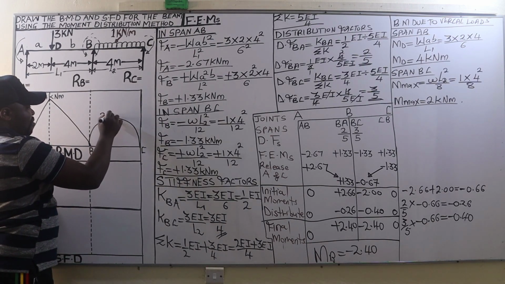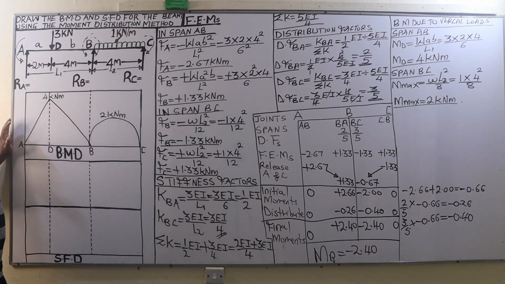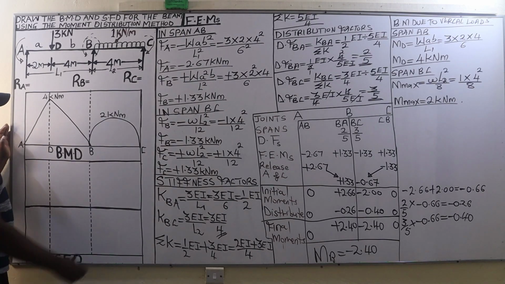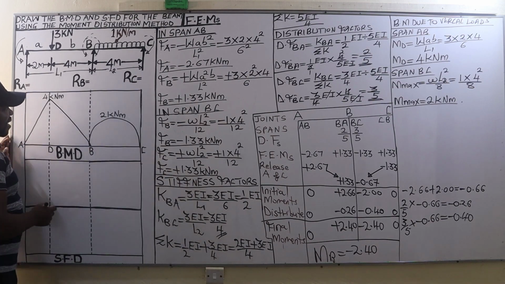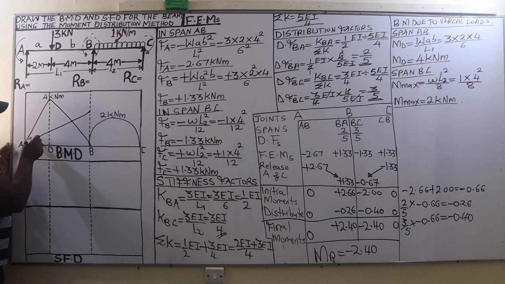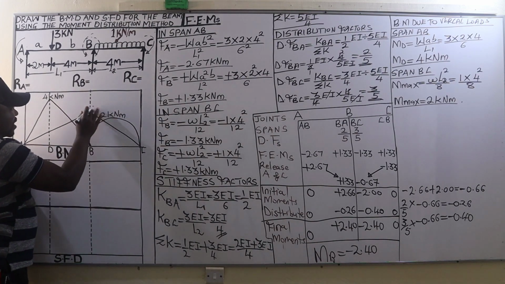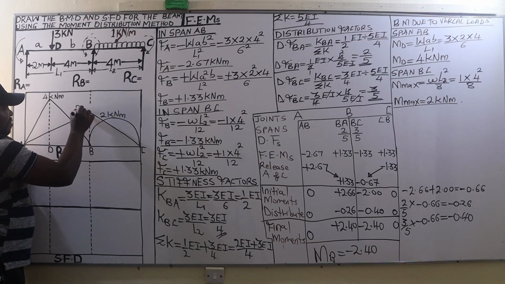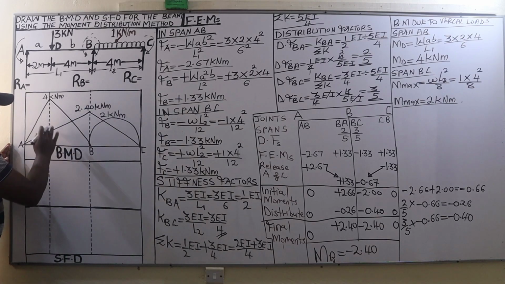So this is 2 kNm. Then the bending moment due to the support B, we got it as 2.40, just a few units above 2. So let's have it at that point, and join that to A as well as to C. This is 2.40 kilonewton meters.